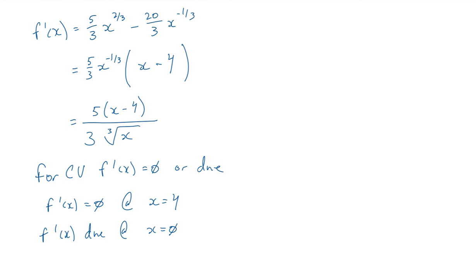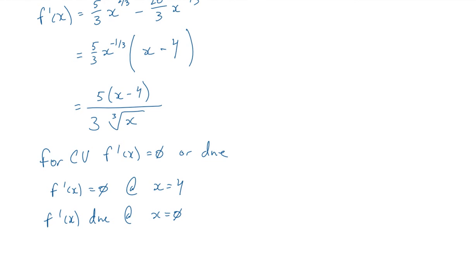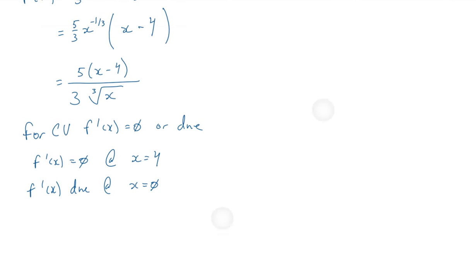But when you take the cube root of 0, you get 0. 3 times 0 is 0, and the denominator is 0. So this definitely does not exist at 0. Now, our interval, our domain, is -2 to 6. Both of those are within that domain. So we are going to include both of those points, and our table is going to be a little bit longer.